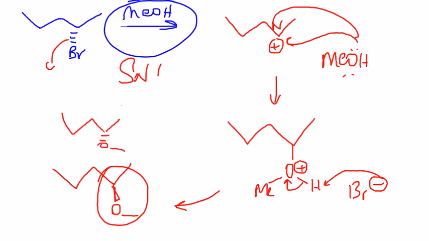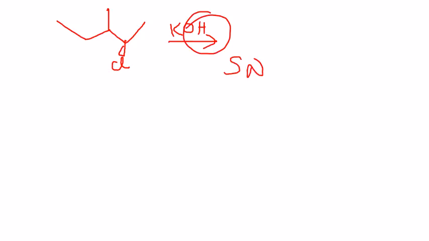Alright, let's take a look at more problems. Another one that was given was that you have a Cl. I think this was in the other set also, KOH. Since nothing has been said about the solvent, I would go with the nucleophile, and I would say that this should be SN2. That means attack and loss of Cl is going to go through and give you OH pointing backwards.